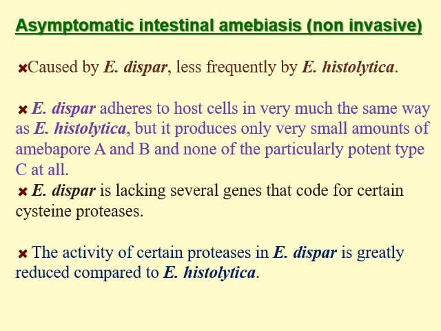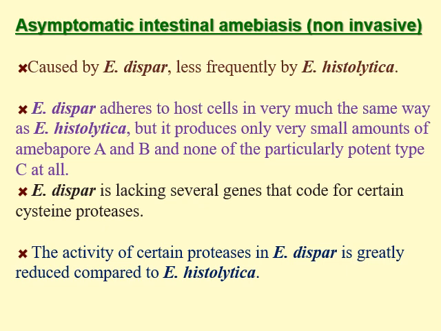Asymptomatic intestinal amoebiasis is non-invasive. As we said before, it is caused by Entamoeba dispar and less frequently by Entamoeba histolytica, because there are many reasons that make Entamoeba dispar non-invasive compared to Entamoeba histolytica.